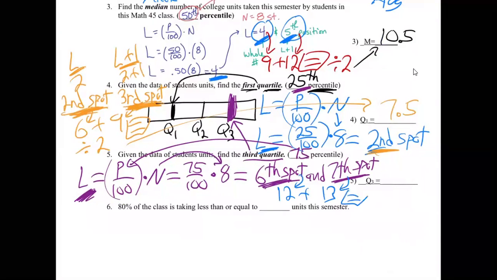Hit equals, and then divide by 2. And you should get 12.5. Good job. I saw Minerva had it in the chat box. That's excellent. 12.5. Is that making sense? Everybody seeing how we got that?